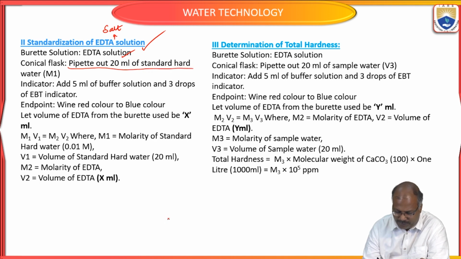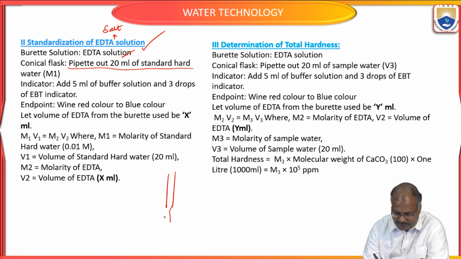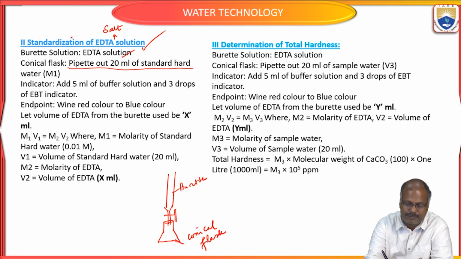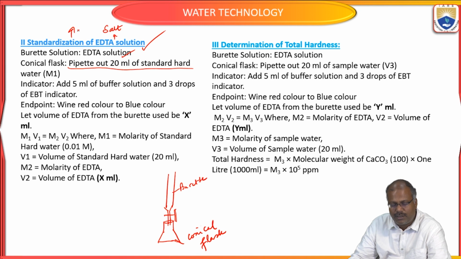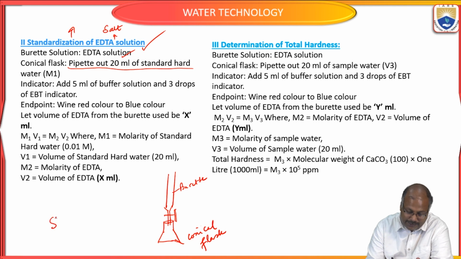Normally in the titration we use a burette, and then a conical flask. This we say burette. This we say conical flask. What is meant by standardization? Standardization means we have to find the strength of this EDTA salt solution. What is meant by standard solution?